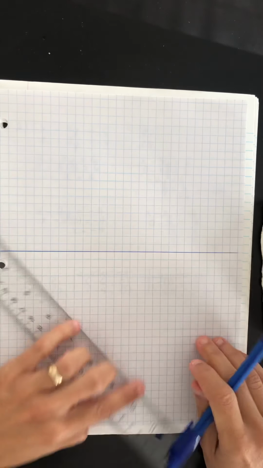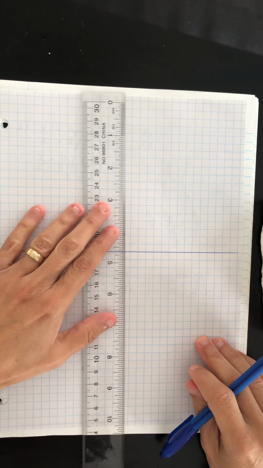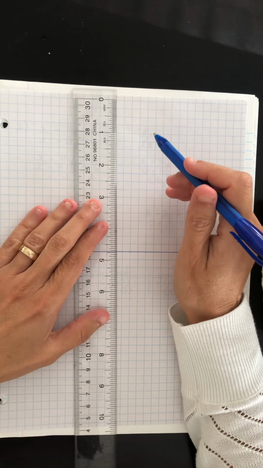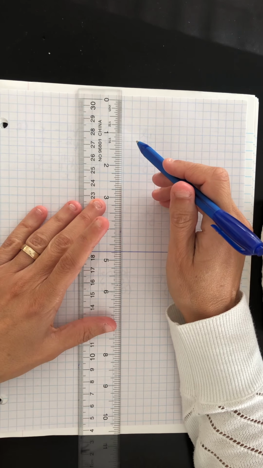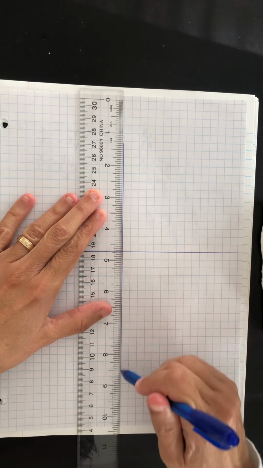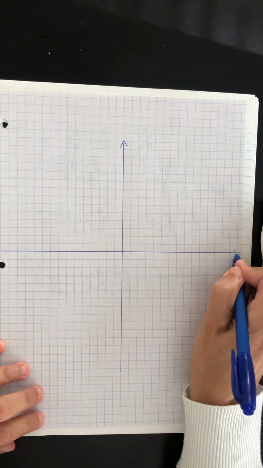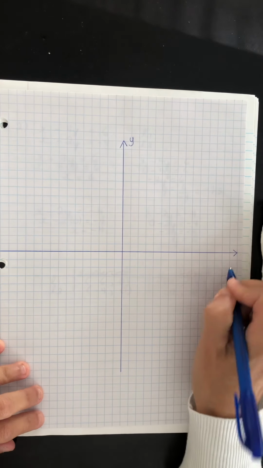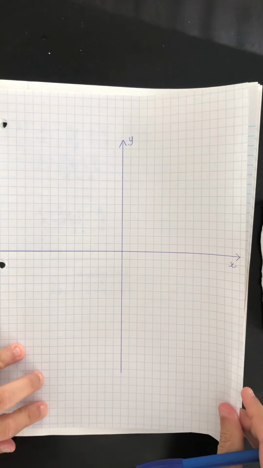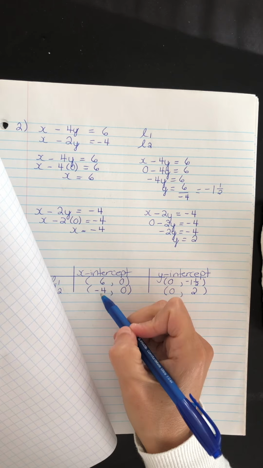I'm going to start by making these axes. Okay, so I'm going to say that that's x and y respectively. And then for x, we didn't have any fractions.